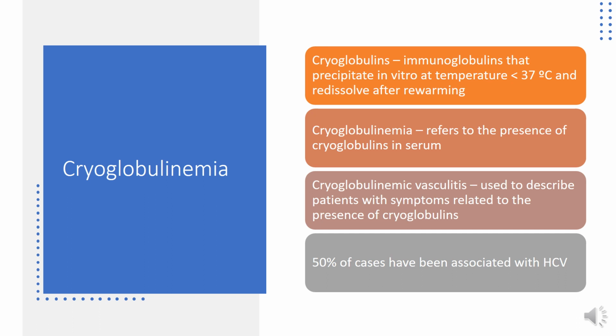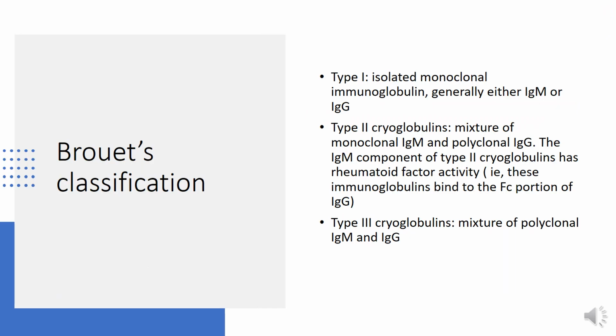Cryoglobulins are immunoglobulins that precipitate in vitro at temperatures below 37 degrees Celsius and redissolve after rewarming. 50% of cases have been associated with hepatitis C. There are three types of cryoglobulins.